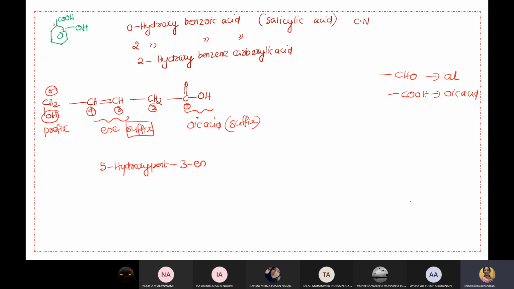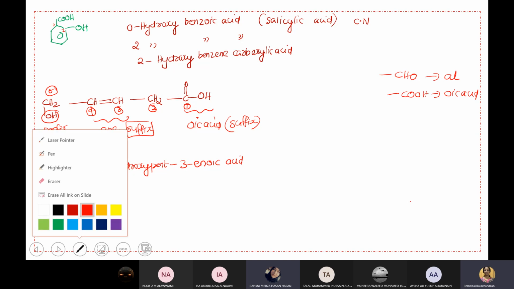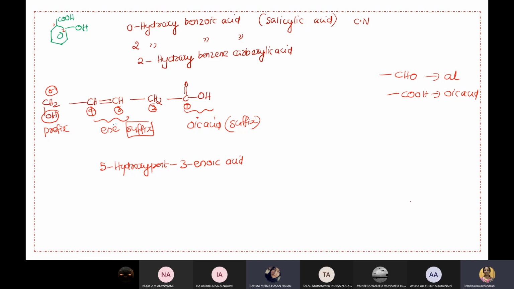Then oic acid. I removed something, what is that? The E. I removed it because O is a vowel, so it cancels the E. Now it's clear? Yes, doctor, clear.